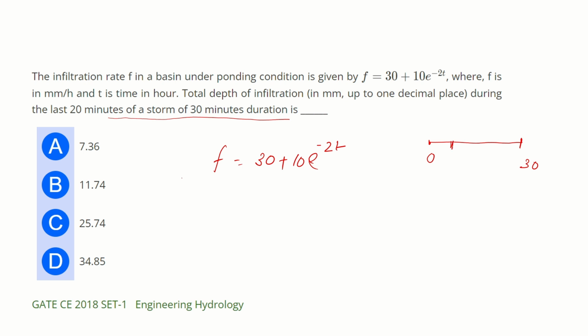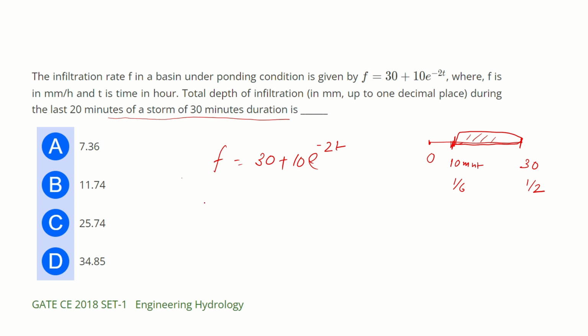So you have to start your calculation from here, 10 minutes. So during this period, how much infiltration has taken place, that you have to calculate. But T is in hour, right? So 10 minute we have to convert in hour, 1/6 of an hour. This is half of an hour.